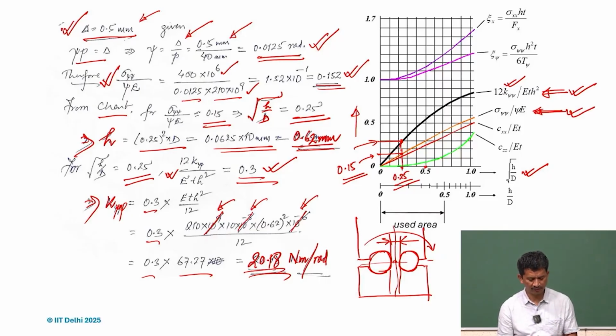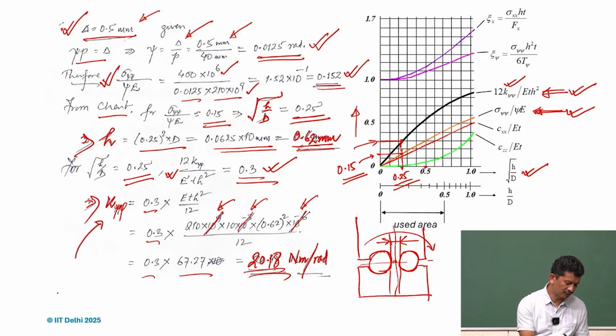So always stick to SI units. It is known to everyone, and everybody can interpret it well. So even if the units are not given in SI units, it's always better to convert into SI units and then use accordingly. So this is the stiffness of the hinge.